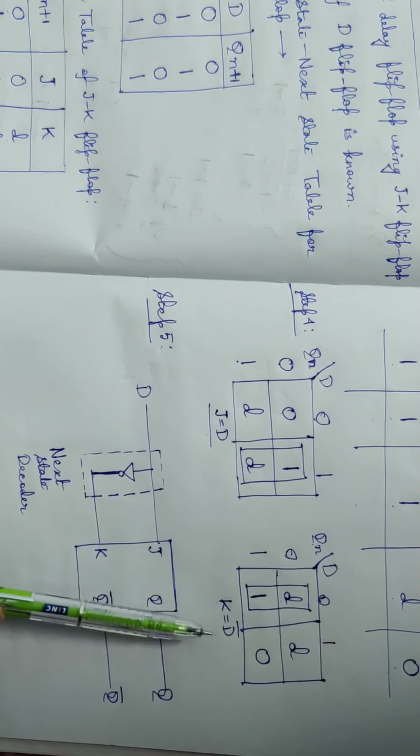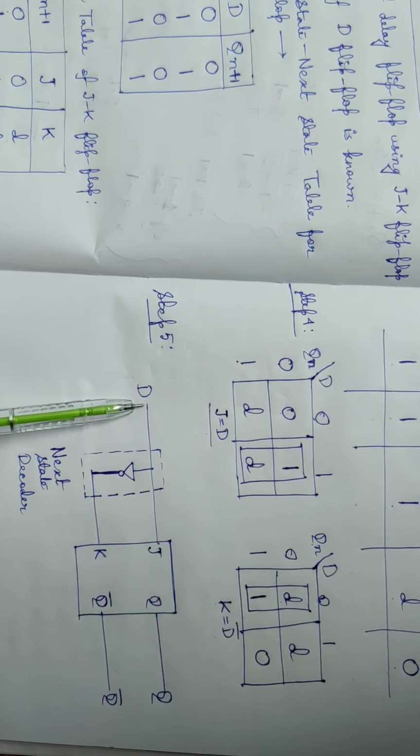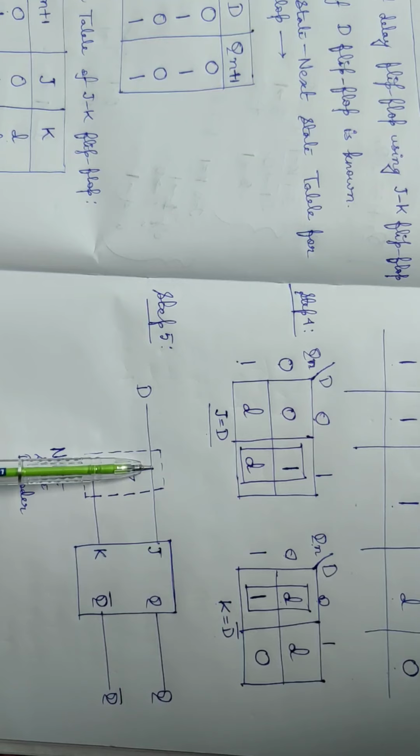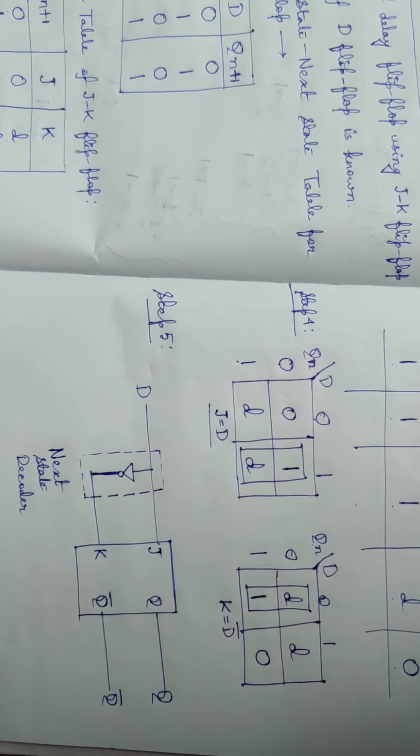And as K equal to D bar, this D will be fed to this NOT gate and the output of the NOT gate, that is D bar, will be fed as the K input of this JK flip-flop.